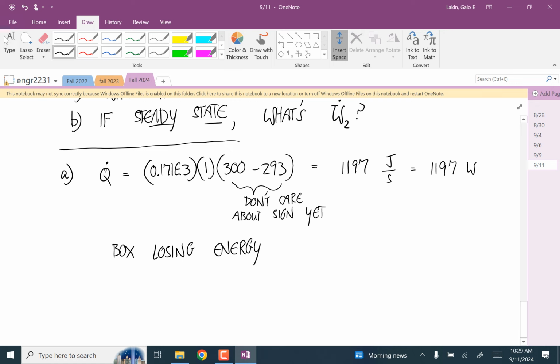And so for the first law, Q dot is negative 1197. So you have to think about that sign convention. Any questions about that?